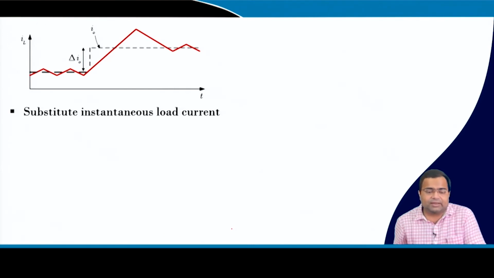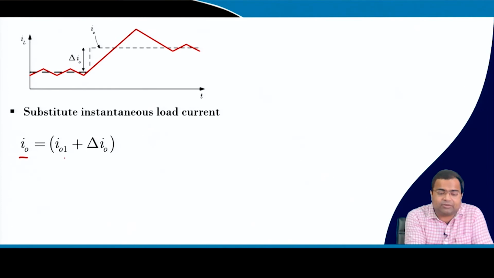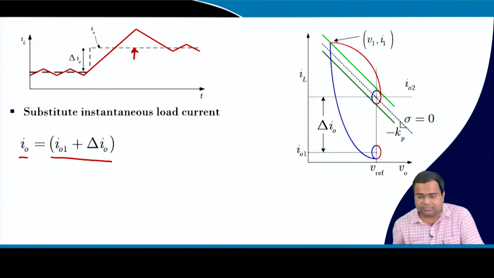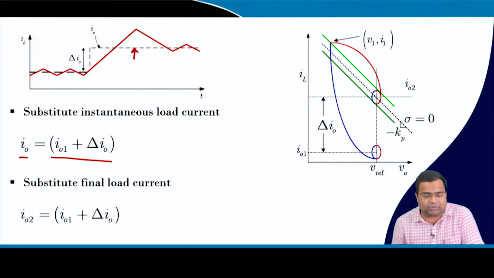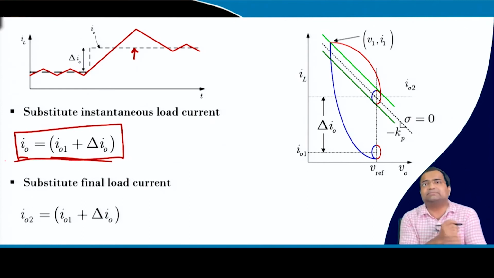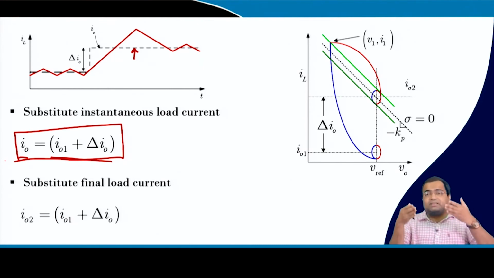Then you have to substitute the instantaneous load current for I0, the final load current, that means the final load current which is the instantaneous value is I01 plus delta I0, and if you substitute the final load current, so sorry, the initial instantaneous load current, because when you are talking about instantaneous, suddenly there is a load step. So, the new load current is nothing but our I01 plus delta I0, and that is also my final current.